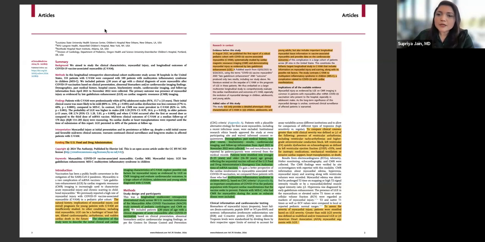So in terms of the methods, what we tried to do is to compare clinical courses between CVAM and MISC. We defined greater than mild clinical severity if any of them had presence of either ventricular arrhythmias, significant pathological ventricular arrhythmias, LV systolic dysfunction, need for any inotropic medication, mechanical ventilation, heart transplantation, or death.